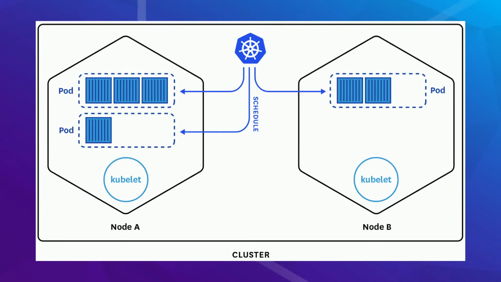While another component is called the kubelet. Kubelet is a service that lives on every node, and it is in charge of communicating with the container runtime, whether it's Docker or Containerd, to spin up or tear down pods. Another keyword, pods. The pod is the smallest compute unit in Kubernetes.